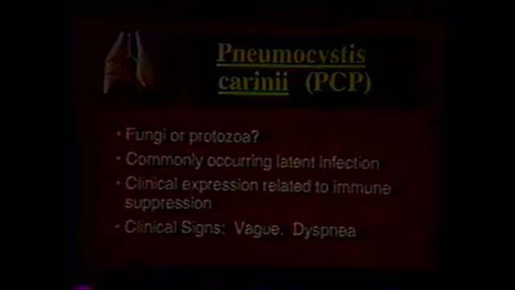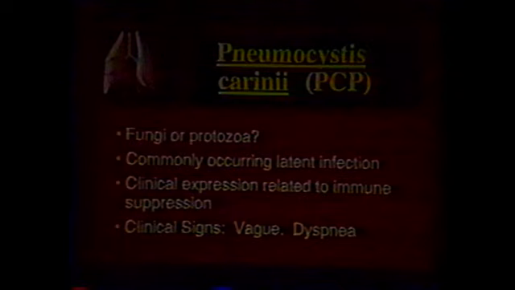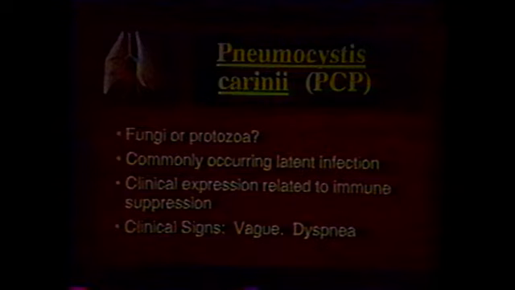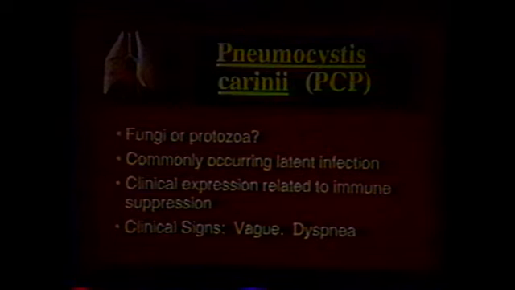Anyway, it is a very commonly occurring latent infection in rats, to some extent also in mice, and clinical expression usually relates to immune suppression. So again, we've learned a lot about this disease since the advent of AIDS in humans.